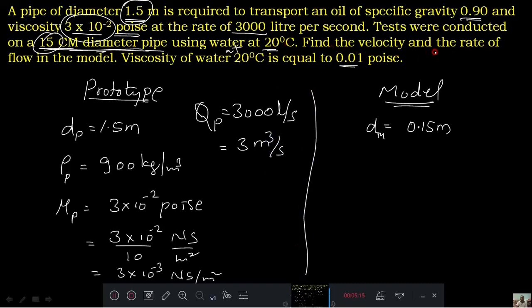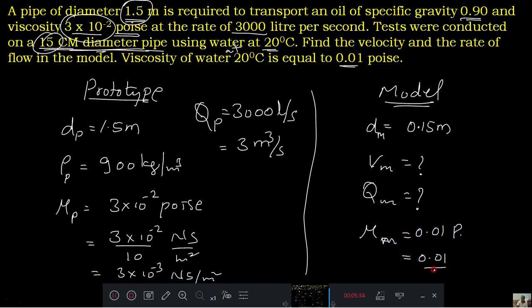And we need to find the velocity of the model and the rate of flow of the model. For the viscosity of water, mu of the model is 0.01 poise, therefore 0.01 by 10 Newton second per meter square, which means 0.001.